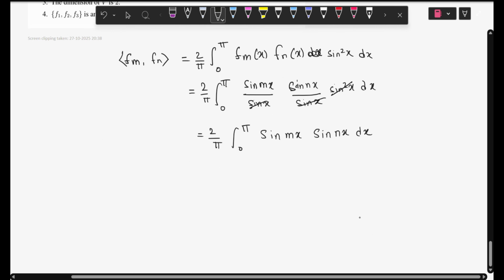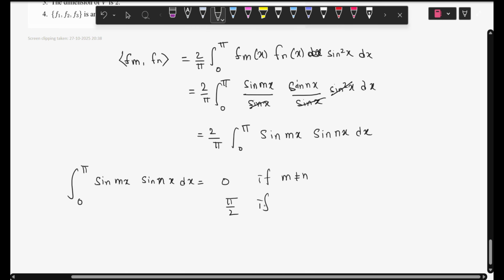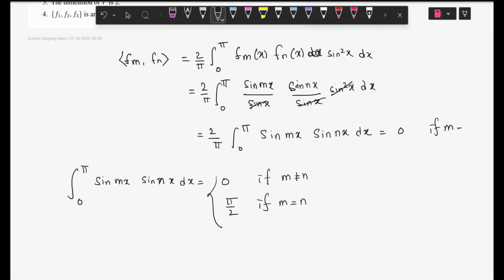Now this integration of sin mx sin nx dx is equal to 0 if m is not equal to n, and equal to pi by 2 if m equals n. You can check that on your own, what the integration will be. So this is equal to 0 if m is not equal to n, and equal to 1 if m equals n. Okay?